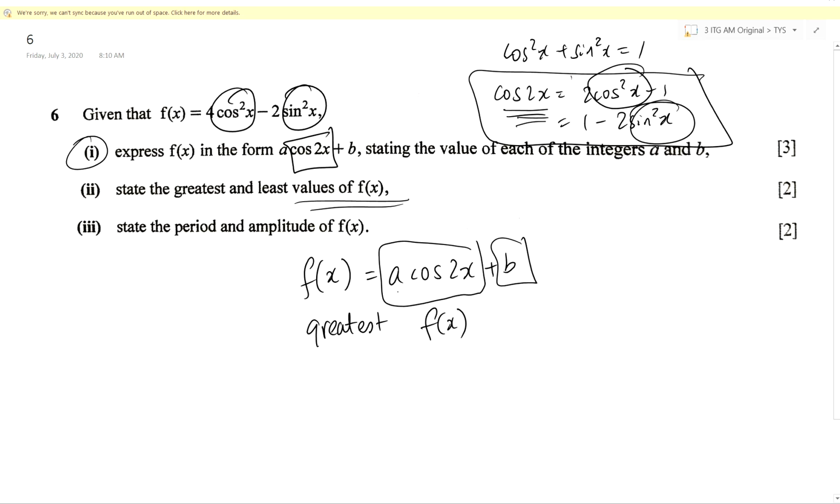Now if a is greater than 0, and we want the greatest f(x), okay, this is the condition. If a is greater than 0 and we want the greatest f(x), what do we want cosine 2x to be?